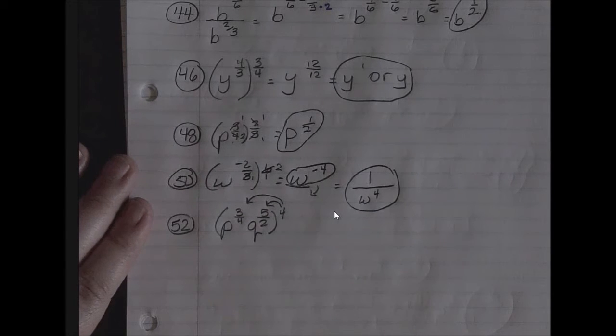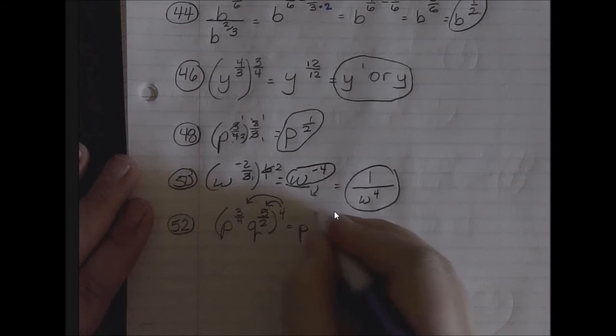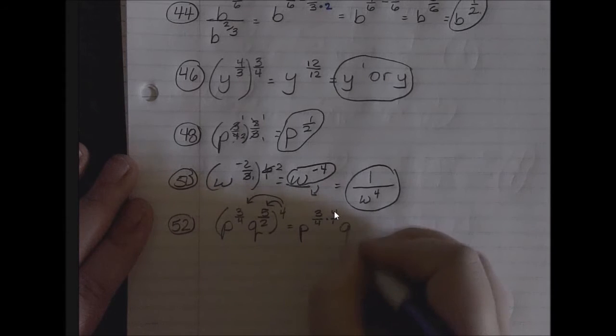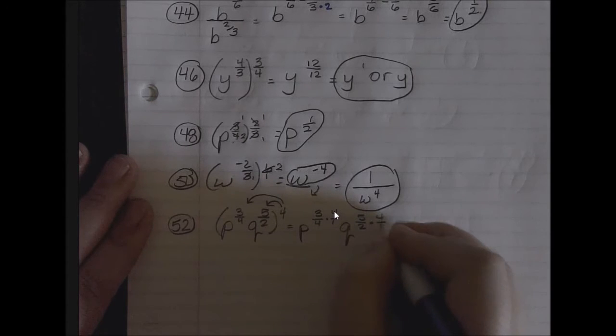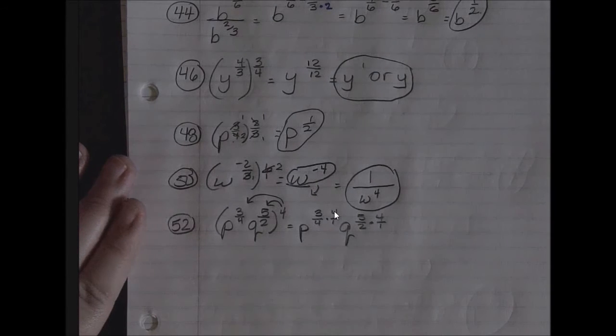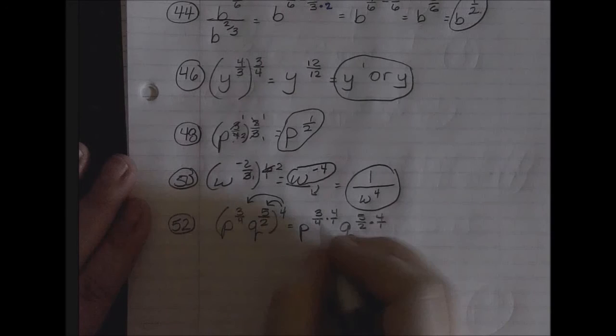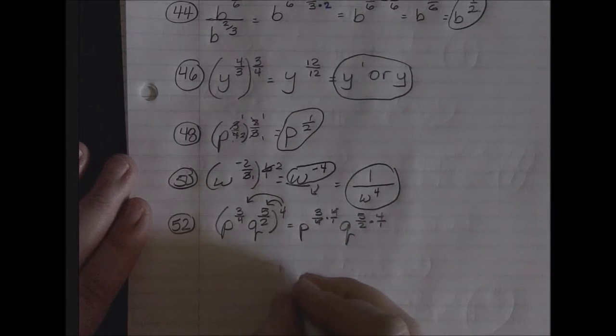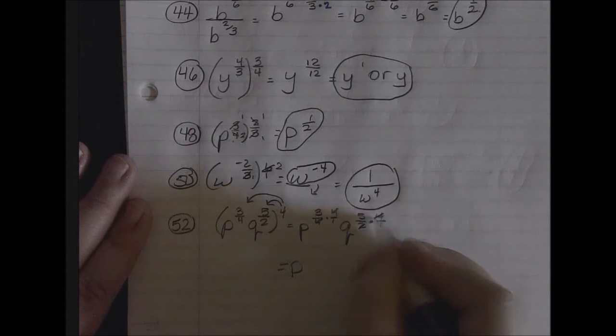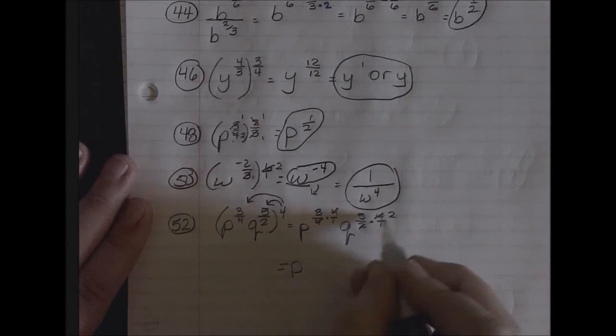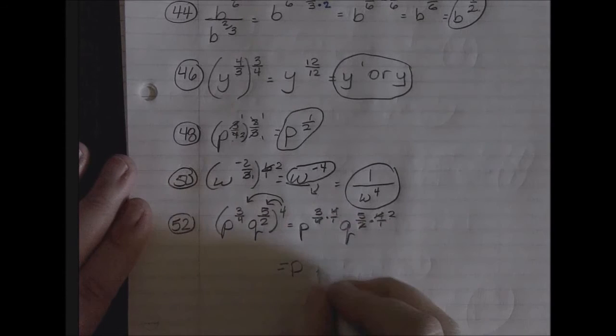So that gives me p to the 3/4 times 4 over 1 and q to the 5/2 times 4 over 1. Remember, I'm putting that 4 over 1 so we can see what our numerator and denominator are. So these 4's will cancel, and then that 2 goes into that 4 two times. 5 times 2 is 10. So I get a p and then q to the 10.